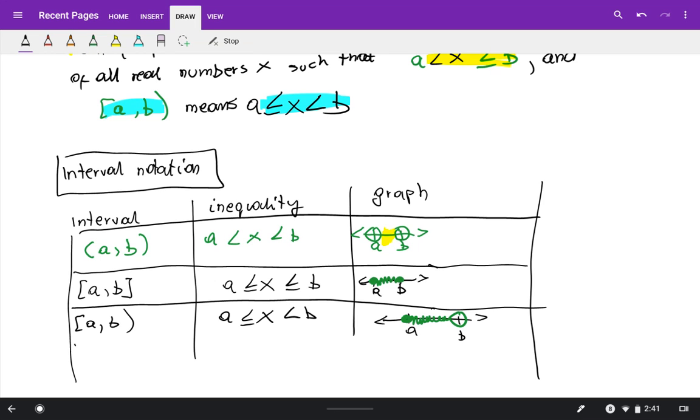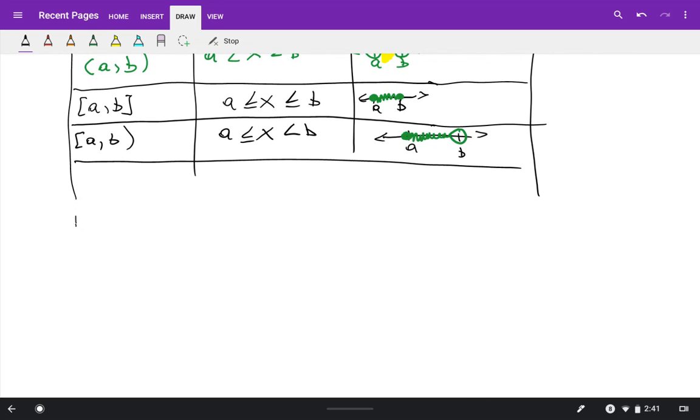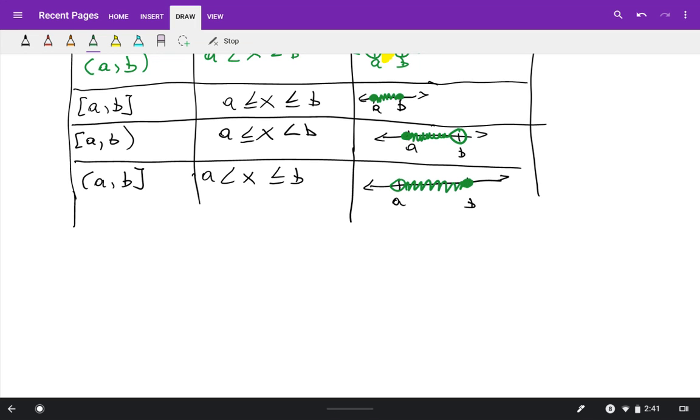Next, we have the half open interval parenthesis a comma b bracket. That means x is greater than a, but less than or equal to b. The difference is that now we cannot really tell what the first number of that solution is because we're not including a. It's any number right after a, but the last solution will be b. So you may think about b being the maximum. Here we have a maximum, before we had a minimum.